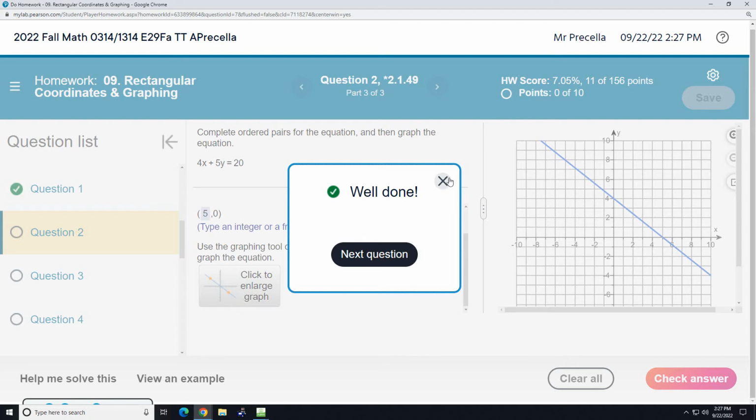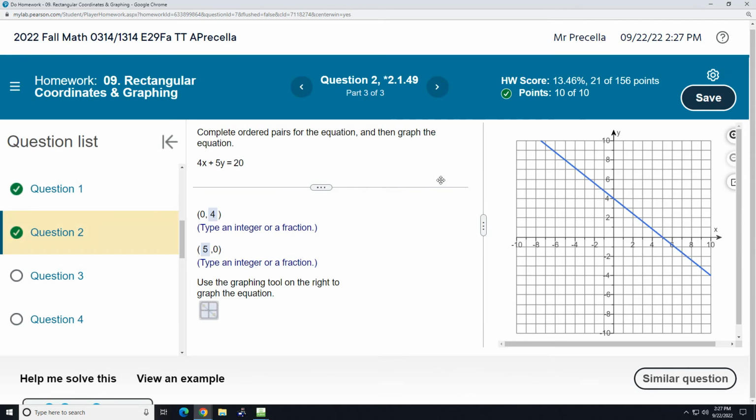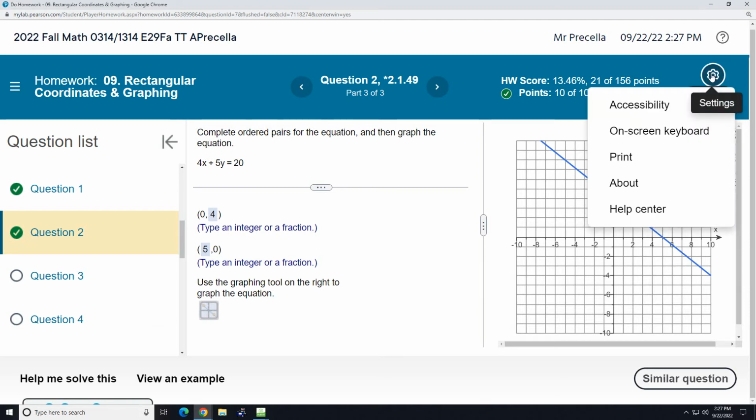Before we go on to the next type of figure we're going to be graphing, I want to mention something else. Some students have asked how to print out their homework, if you want to print it on paper and then work it out. This isn't a good one to work out and then punch in your answer, because you've got to be graphing. But it's right here under the settings emblem.